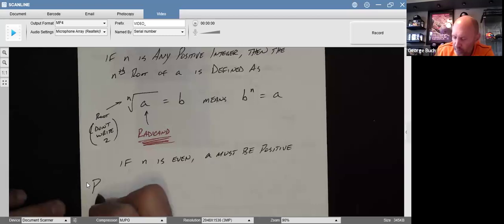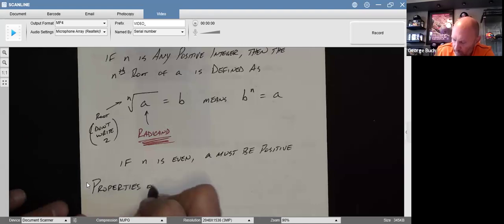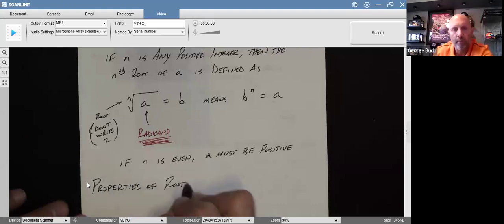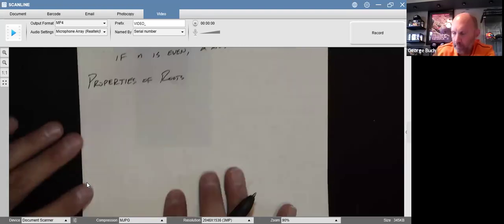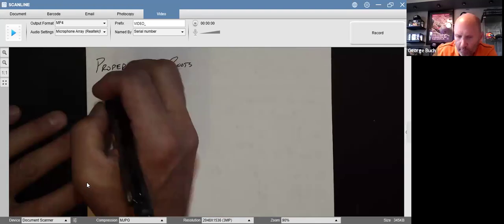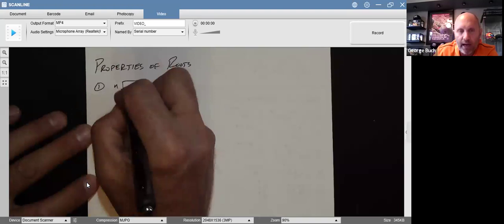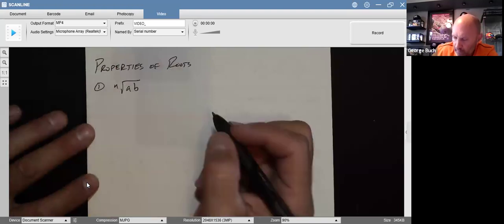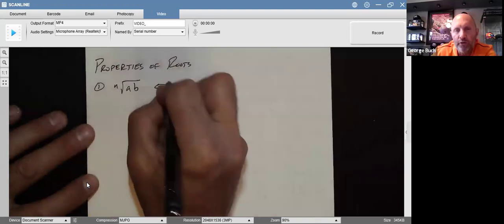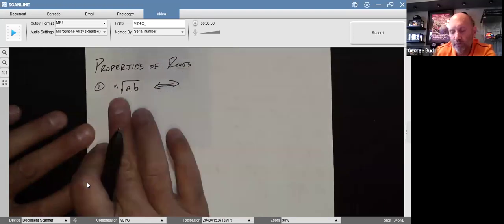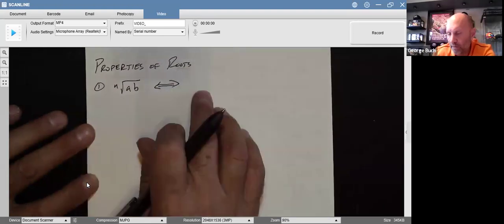We had our properties of exponents. Now we have properties of roots. So the first one, is it the nth root of a times b? And I'm going to use double arrows here because I could either go from left to right or from right to left.